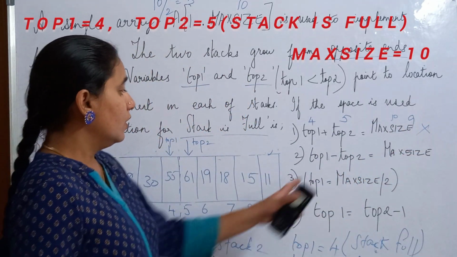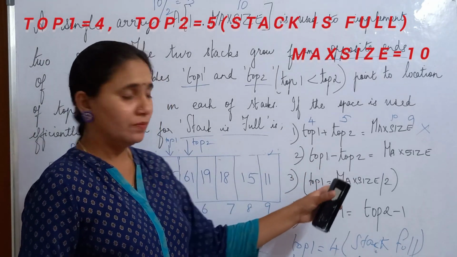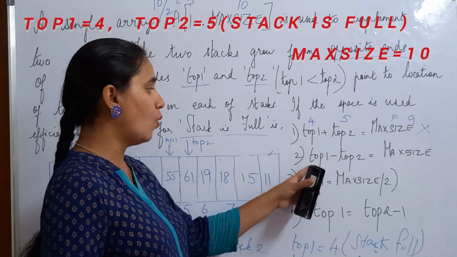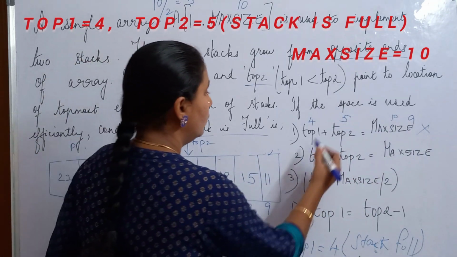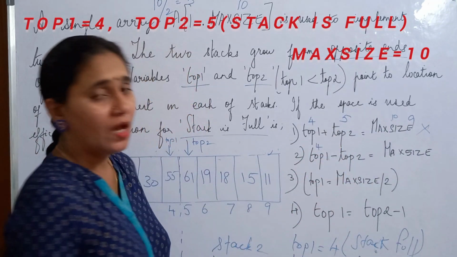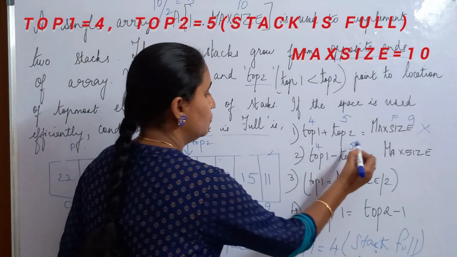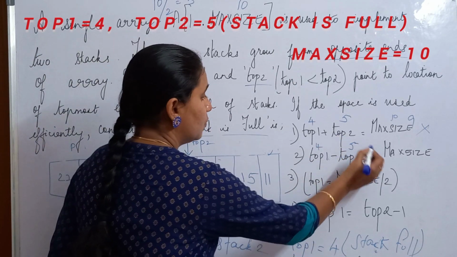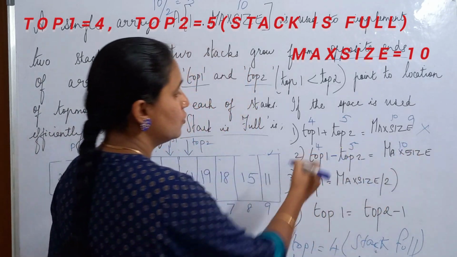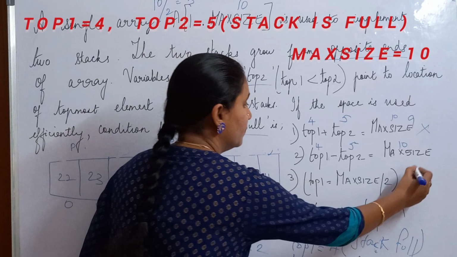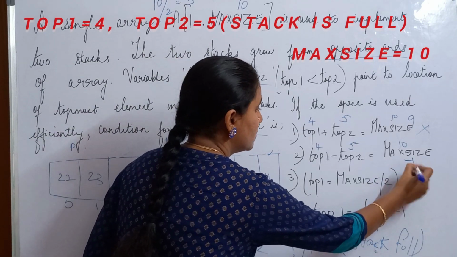Now we check the second condition. The second option they have given is top 1 minus top 2 is equal to max size. Is this condition true? Top 1 value is 4 and top 2 value is 5. When you subtract, is it possible to get the max size value? The max size value is 10, but if you subtract, you get a difference of 1. Exactly, it is minus 1.